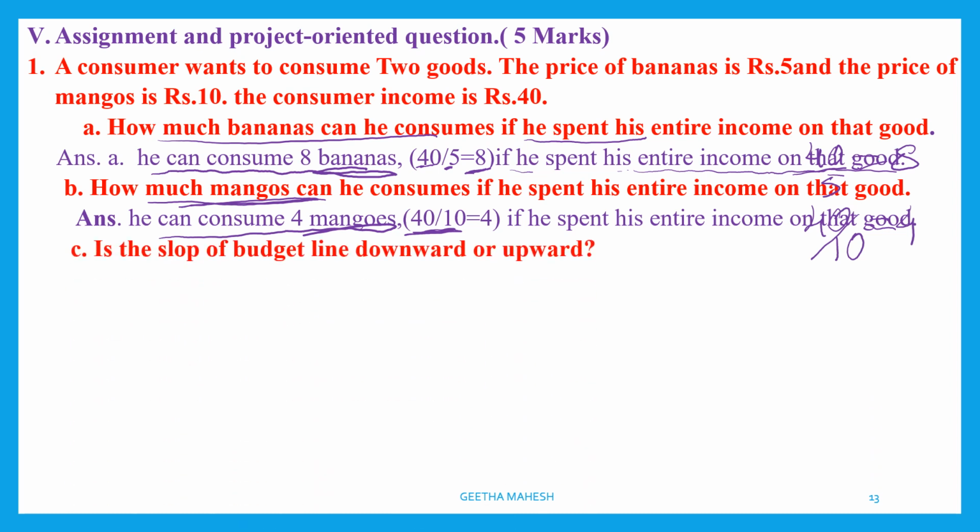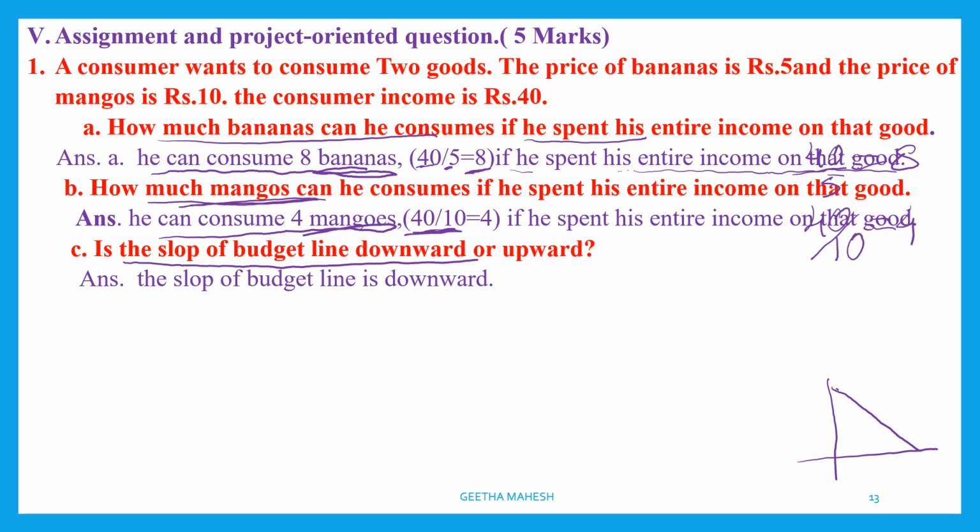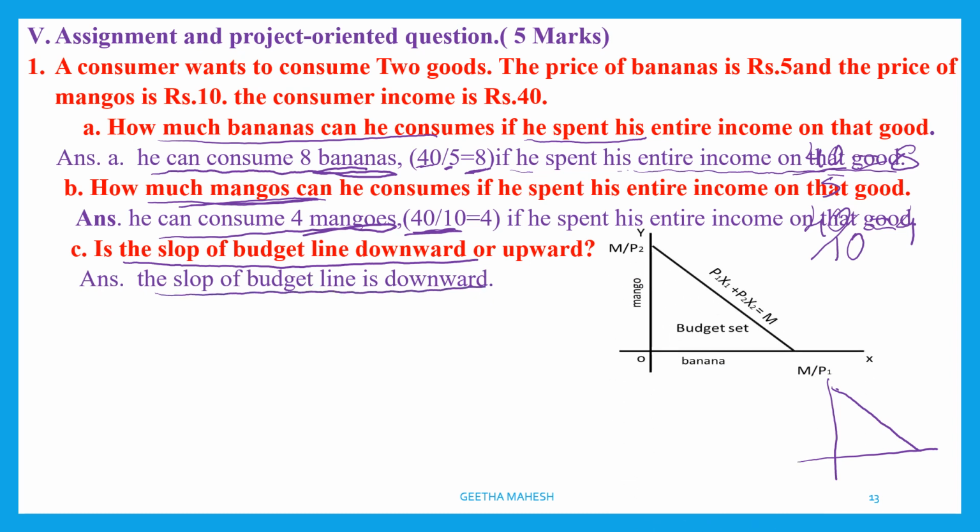Is the slope of the budget line downwards or upwards? Of course, the slope of the budget line always flows from left to right, downwards. So, the slope of the budget line is downwards. You can see here the slope of the budget line is downwards.